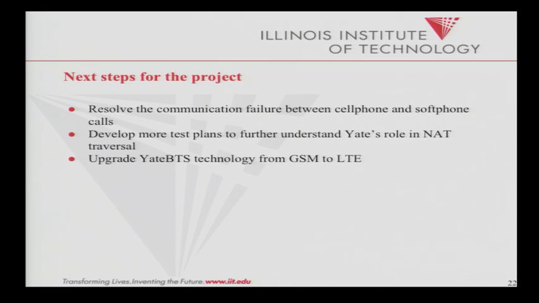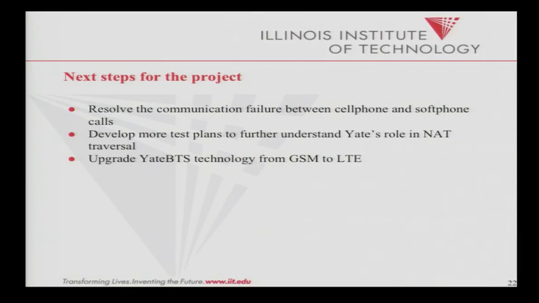So the next steps for the project are as follows. First, we'd like to resolve the communication failure that we had between cell phone and soft phone calls. We had mentioned earlier that we were able to get signaling, but we were not able to get media to flow from end to end.